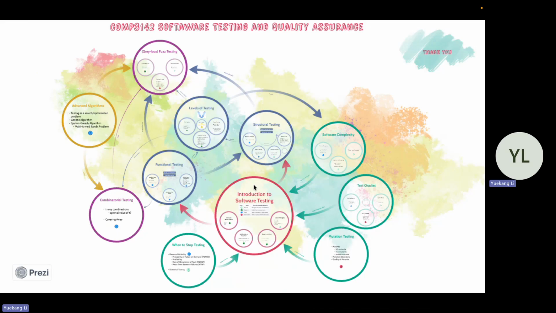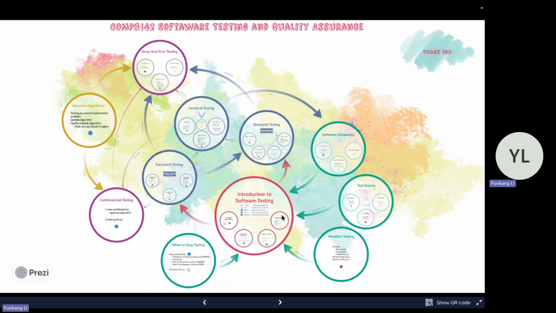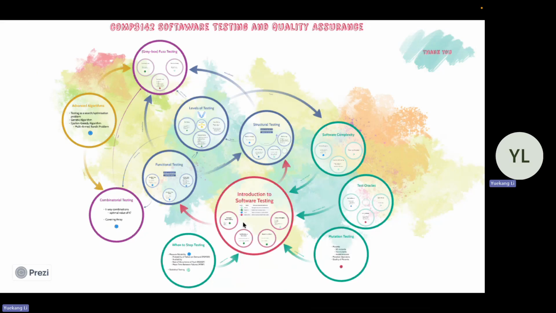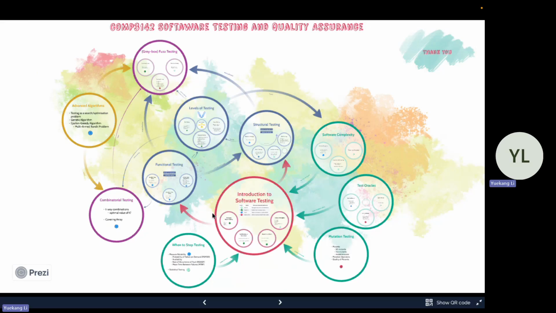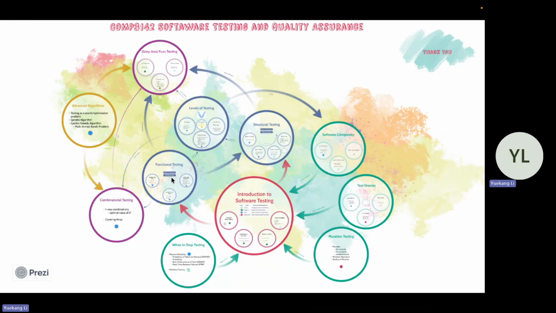You can try to memorize it because this graph is quite structured. We started from the red node, which is the introduction, and then we learned some basic concepts of how to create test cases for black box or white box targets. And we also learned how to select different levels of targets.